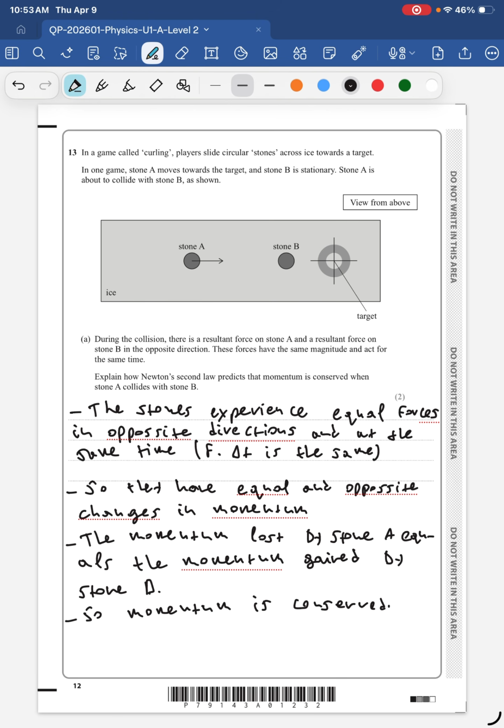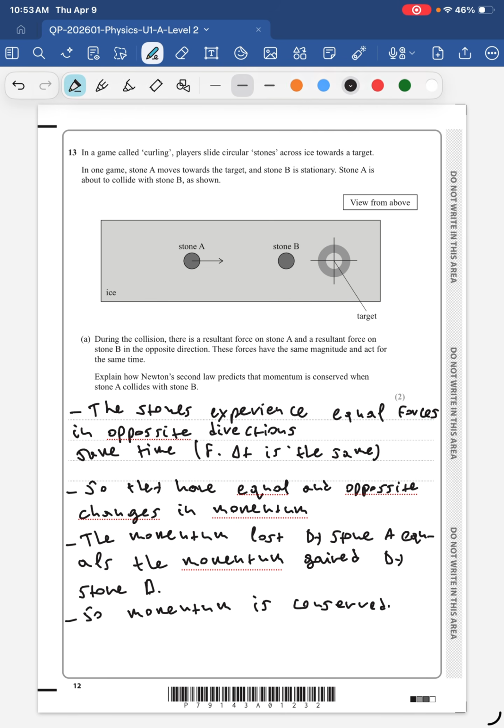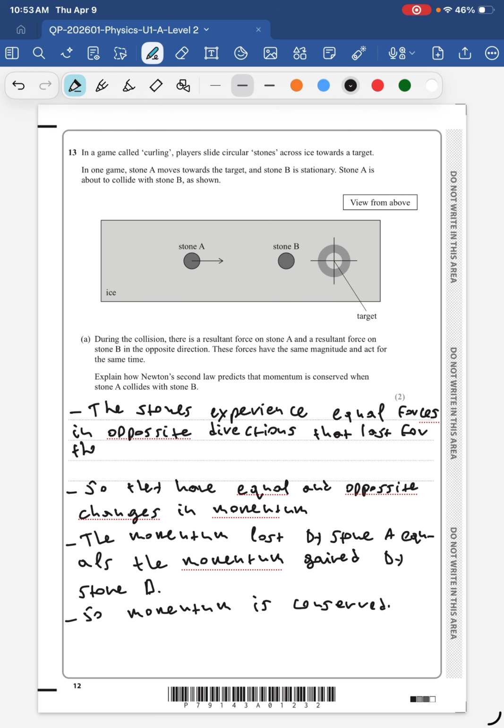I'm sorry to do this to you, but I want to go back to the first sentence. The stones experience equal forces in opposite directions that last for the same time. That's the important thing. "That last for the same time interval" is the correct expression, so F times delta T is the same.